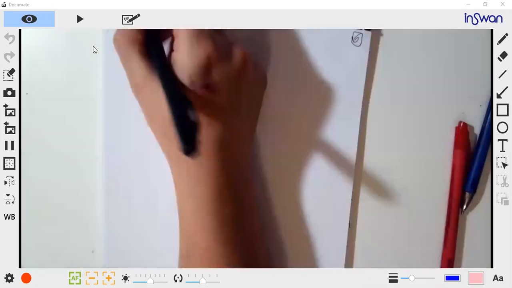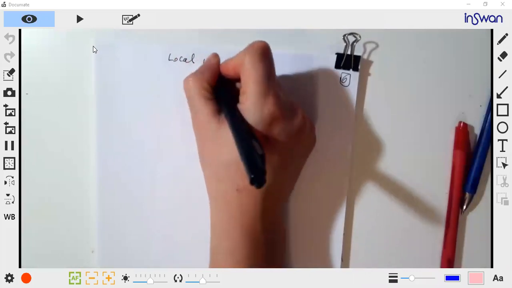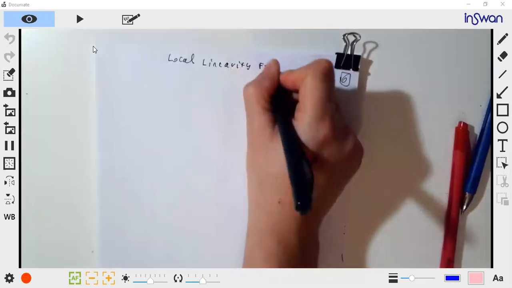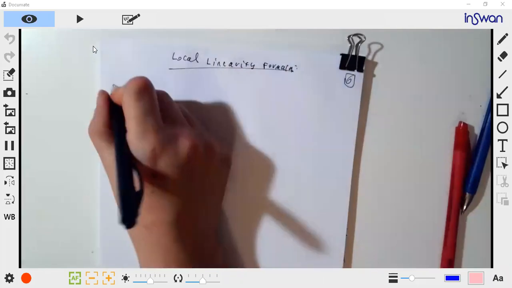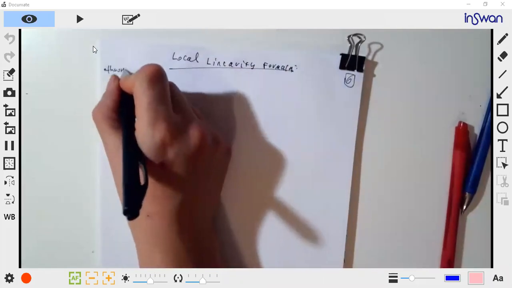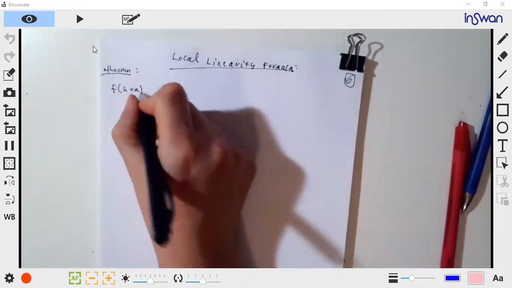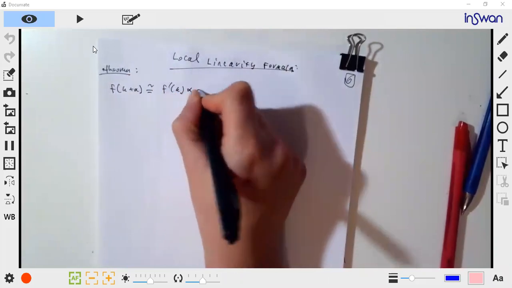So now let's talk about the local linearity formula. This states, here's a theorem, that f of k plus alpha is approximately f prime of k alpha plus f of k.